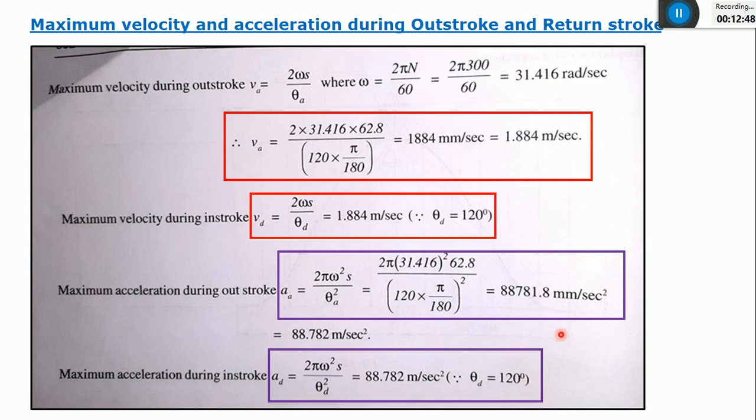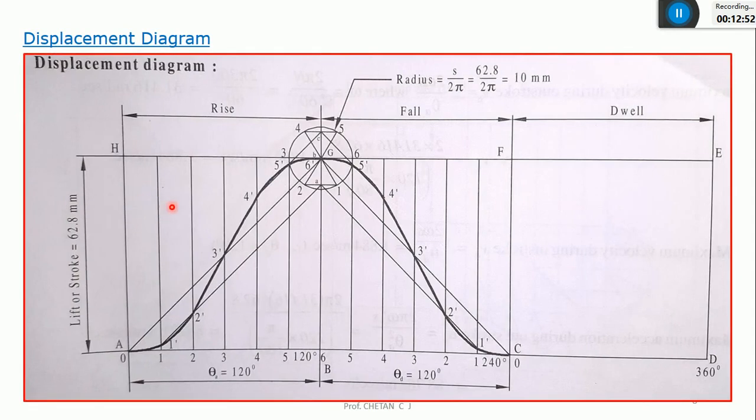After finding all these four values, I need to construct a displacement diagram, which is required for drawing the cam profile. Along the x-axis, I'll take the angular displacement of the cam from 0 to 360. I'll plot the outward stroke, that is 120. Next, there is no dwell.